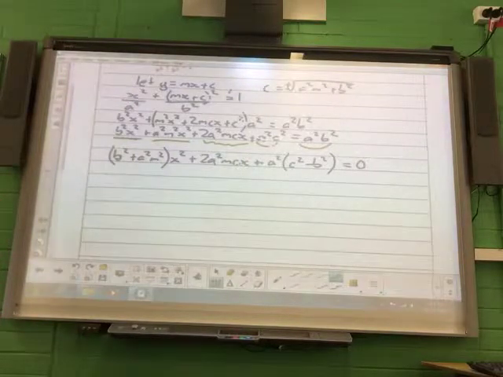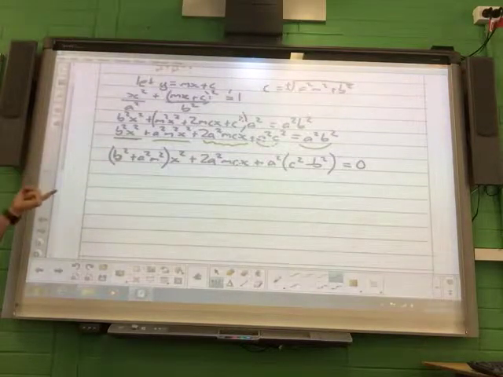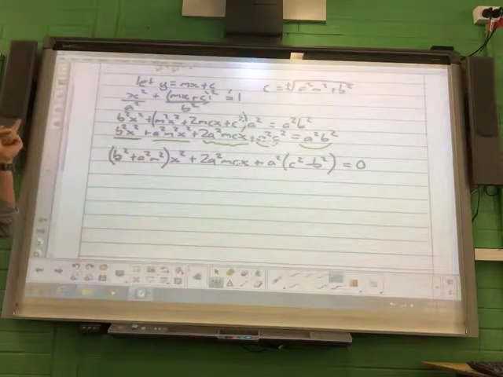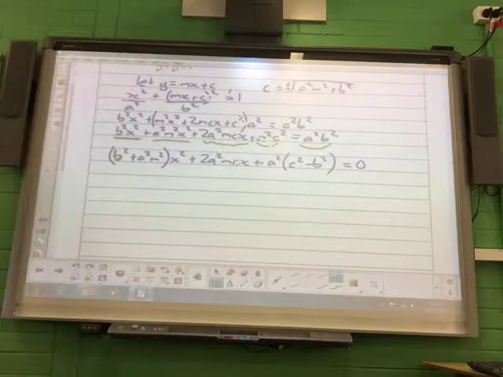Okay, so we're thinking about this as a tangent to the ellipse. So what can you tell me about the solutions for x here? Think about it. What can you tell me about the solution for this quadratic here, thinking about the tangent to the ellipse? Or how many solutions I'm expecting? One, okay, because there's only one intersection point for one tangent.